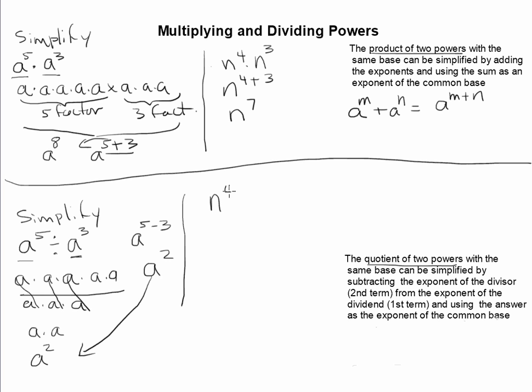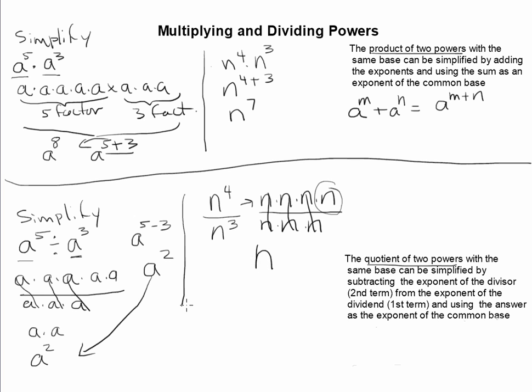Now, how is that going to look with the same scenario from our product of two powers? We have n to the fourth, let's write it like this, divided by n to the third. Now you can expand if you wish, n times n times n times n, and there's what that looks like. And there it is again. We can cancel, and we are left with n.